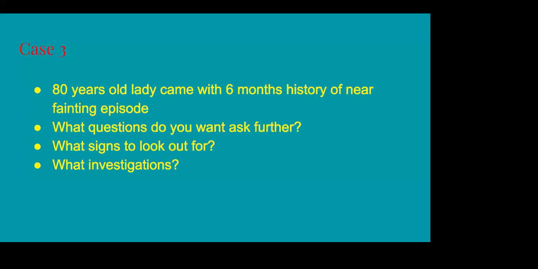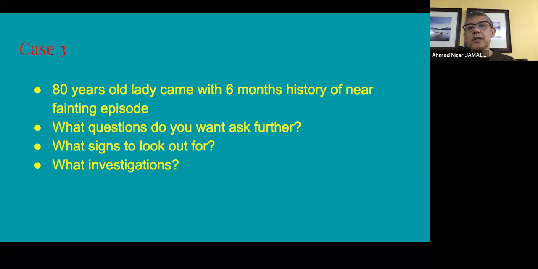Young sudden death usually, she would have come at a younger age. If sudden cardiac death, usually they will come. But the giveaway here is that she is 80 years old, and the long 6-month history as well.